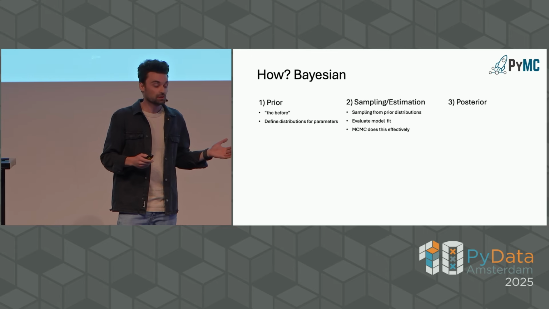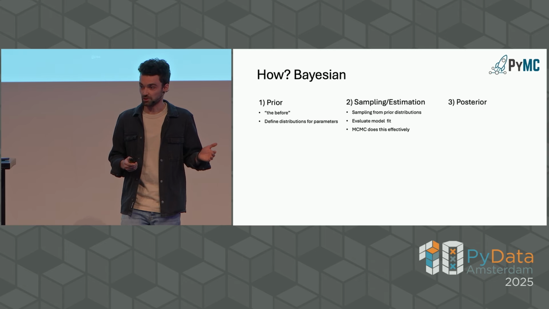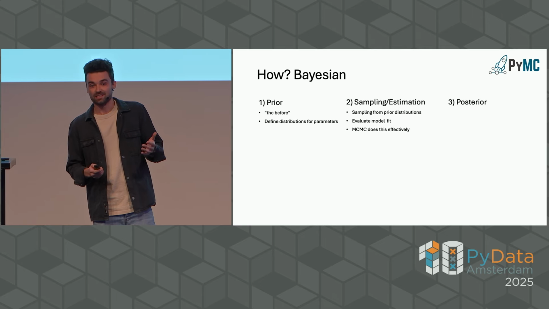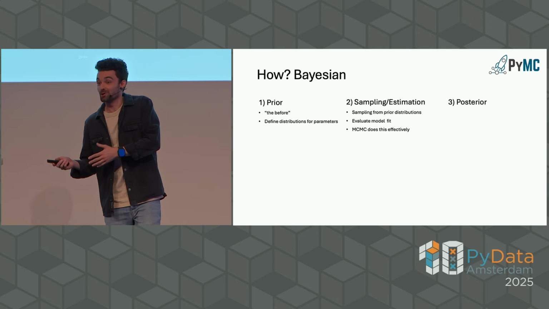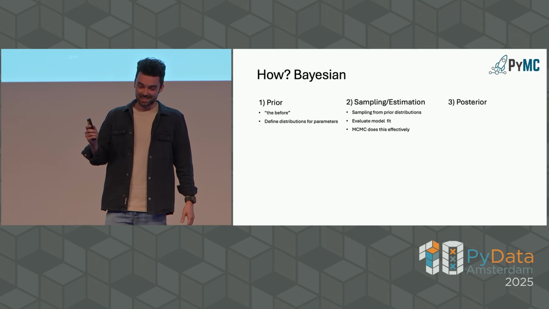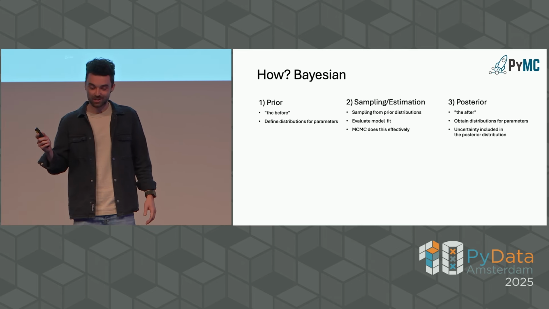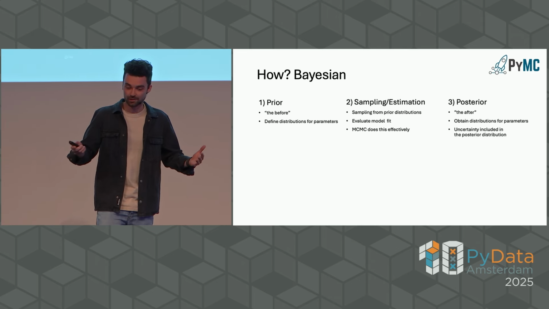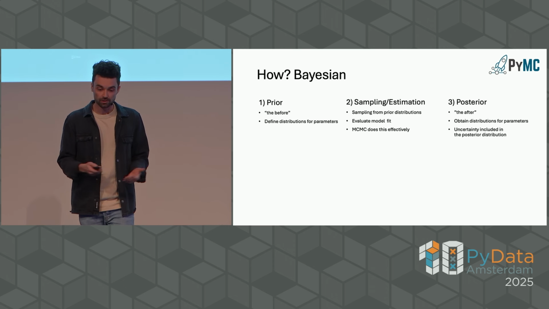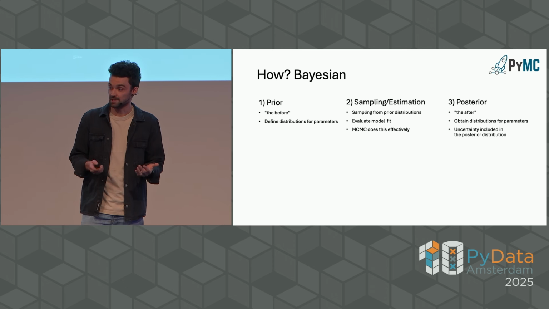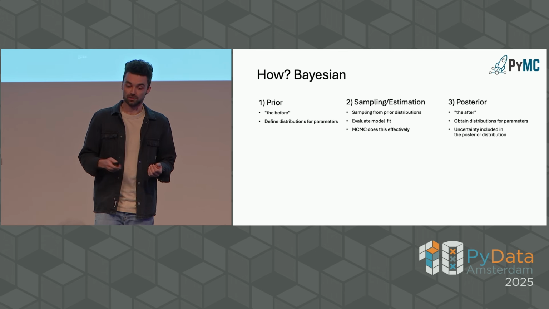There's an algorithm to do this. It's called MCMC, Markov Chain Monte Carlo. And I think it's funny that Monte Carlo is both influential in Bayesian as in Formula One with the Monaco Grand Prix. When we've done this procedure, we end up with the posterior, the after, and here we obtain distributions for our parameters that we've just learned. And one of the nice things is that it includes the uncertainty in the distributions.